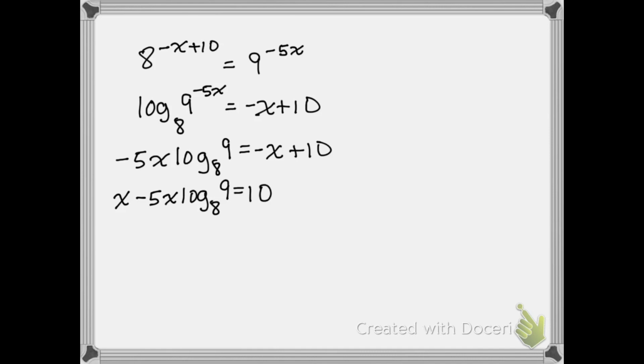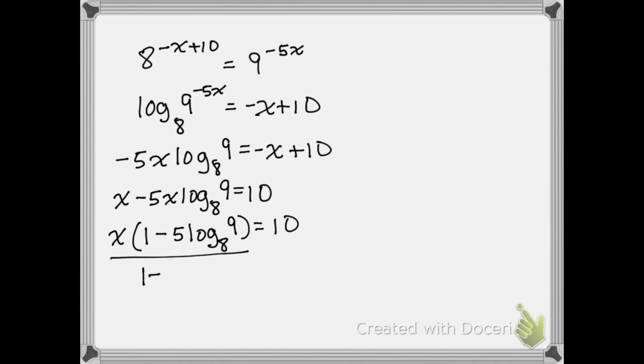All right, I want to solve for x. Can you see what to do here? To solve for x, I'm going to factor the x. Like so. And then it's a simple division.